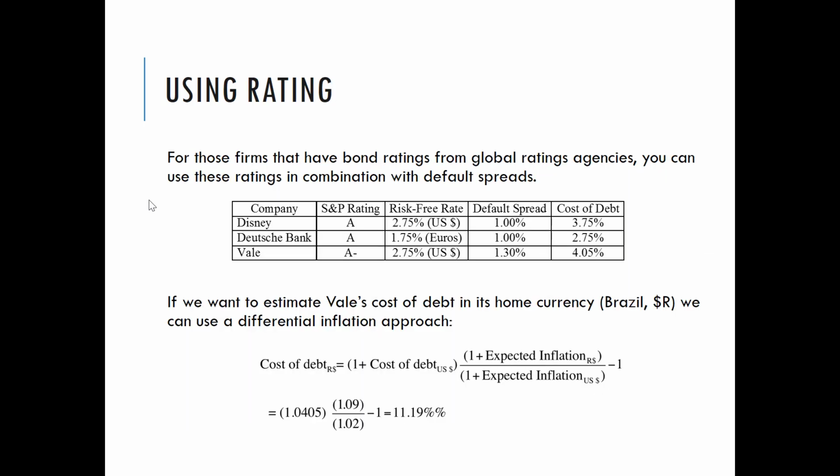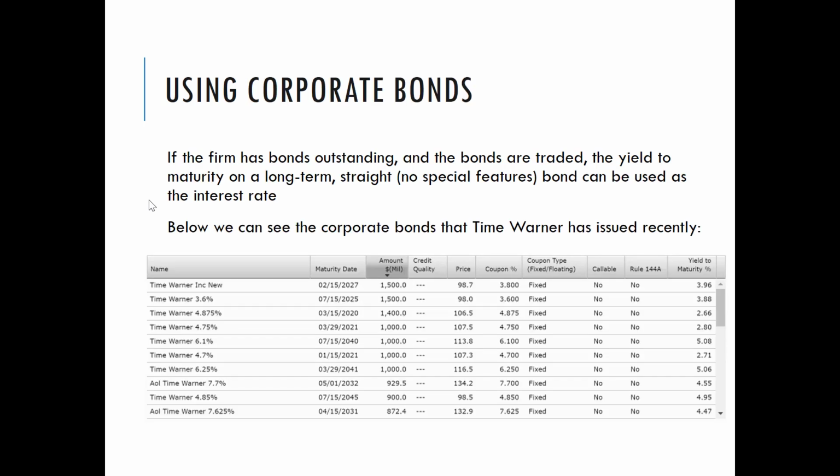So usually the first approach tends to be a bit better because it's current. Using corporate bonds might mean that you are using bonds that were issued a long time ago. Again, you can solve for this by looking at the most recently issued corporate bond. So that's one solution.